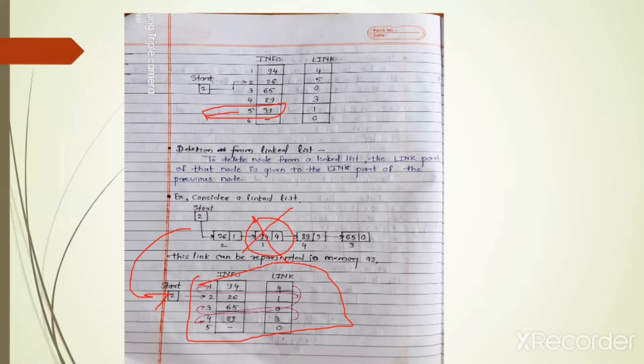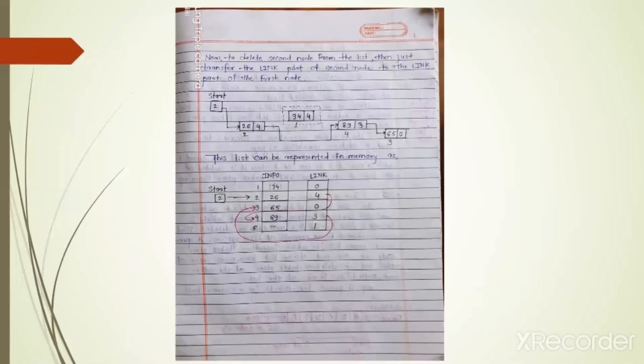Only the address of 89 is stored at this link part. Only deletion of this node. Just transfer the link part of the second node to the link part of the first node. This is represented in memory. Only we deleted one node.